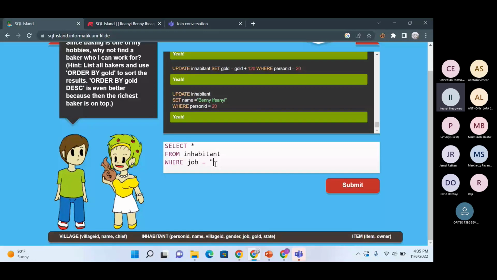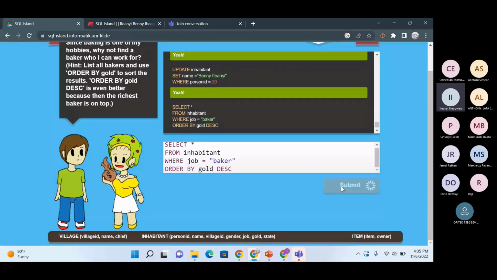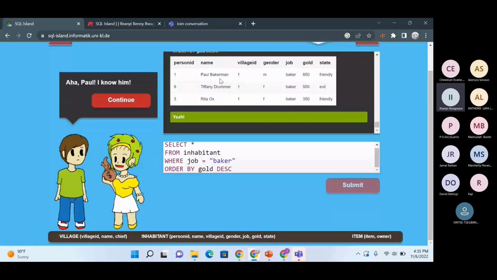And we don't just want to find the bakers, we want to find the most paid, so order the gold in descending order. And we submit. Okay, so Paul Bakerman is the richest. He has 815 gold, and he's also friendly. Okay, so we continue.